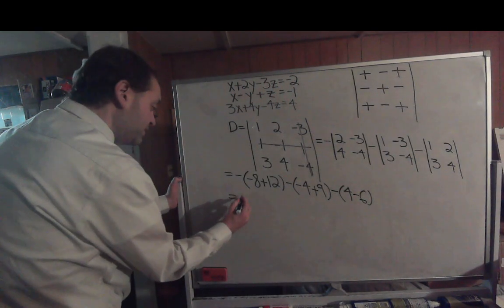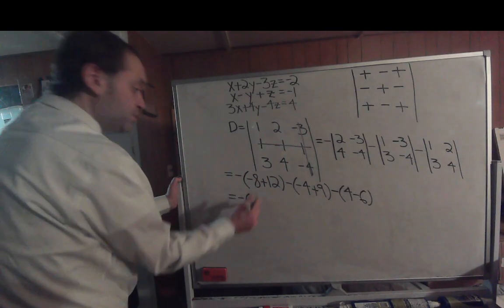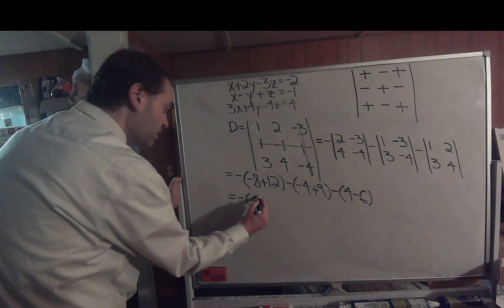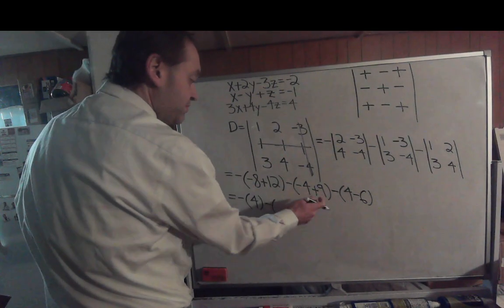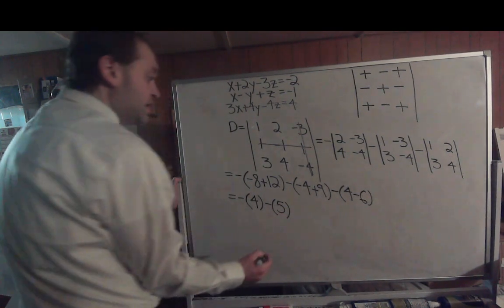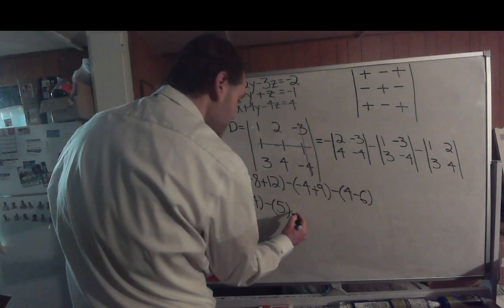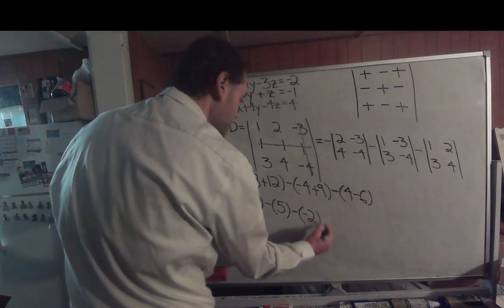So let's simplify this a bit more. Negative of the first set of parentheses, -8 plus 12 is +4. Minus your second set of parentheses, -4 plus 9 is 5. And then we have minus your third set of parentheses, 4 minus 6 is -2.